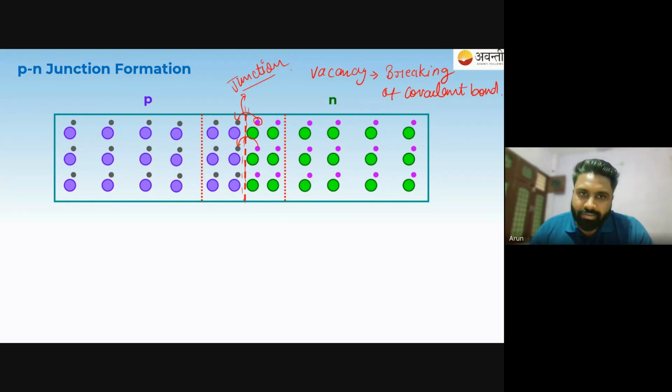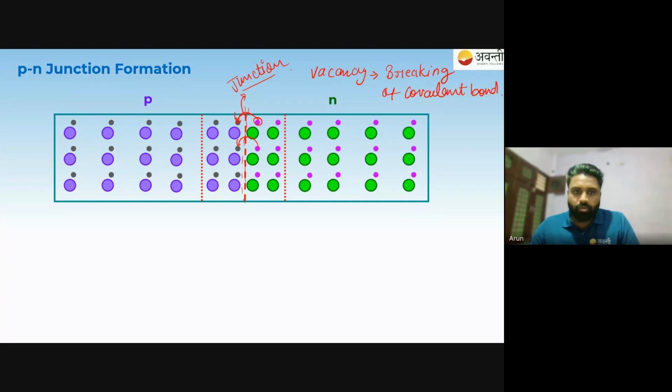So when this electron jumps into this vacancy, the covalent bond completes itself, which means only the ions remain here, because this is the trivalent impurity. The trivalent impurity has one vacancy, all three electrons are paired, but there is one vacancy, and this vacancy is filled by this electron, which is provided by the pentavalent impurity.